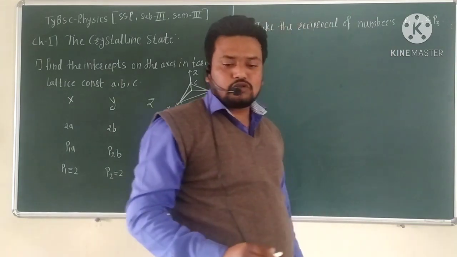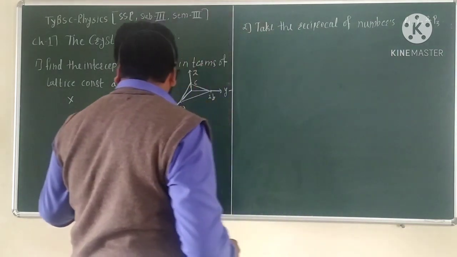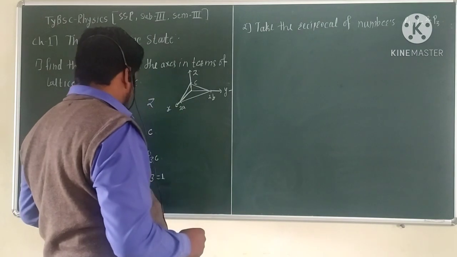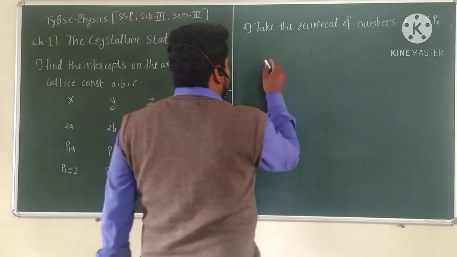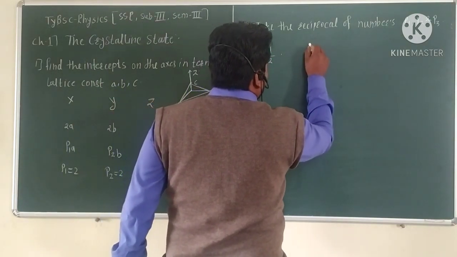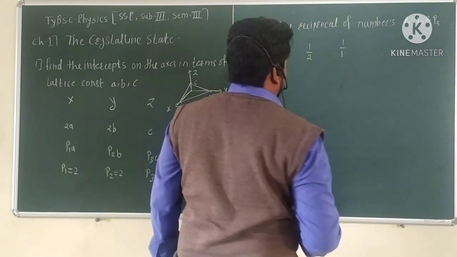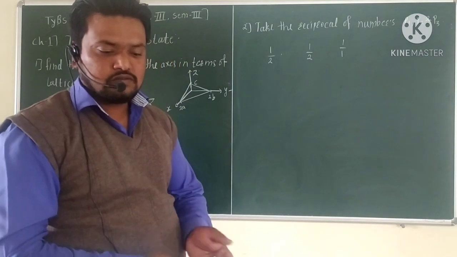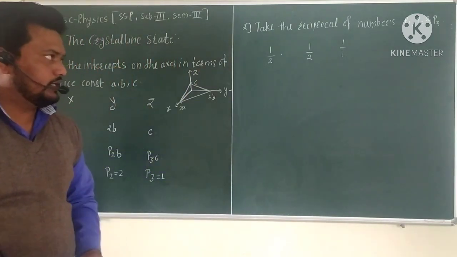Here p1 is equal to 2, p2 is equal to 2, and p3 is equal to 1. Taking the reciprocal of these, we get 1 by 2, 1 by 2, and 1 by 1, that is 1. So we get the numbers 1 by 2, 1 by 2, and 1.